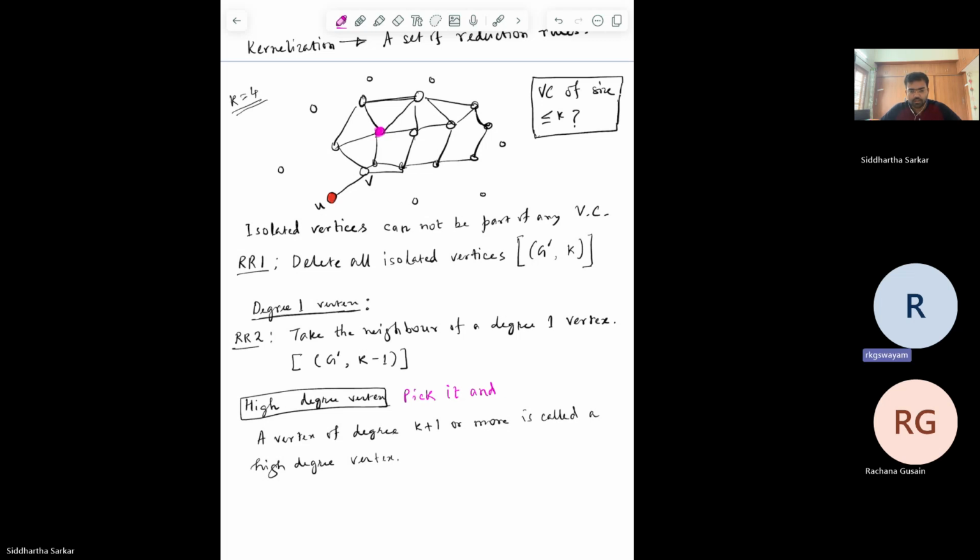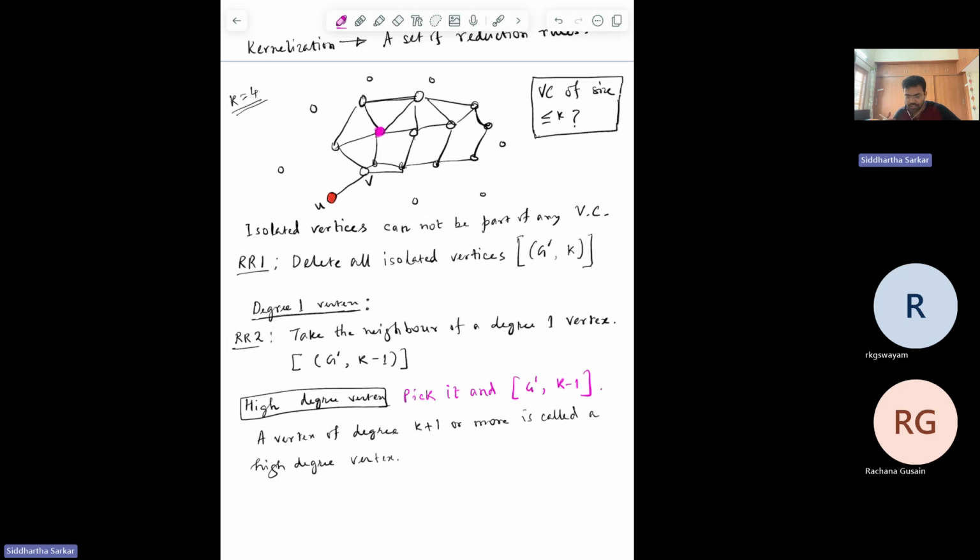If you started with a budget of k and you have picked a vertex, you have to reduce the budget by 1, so we are left with k minus 1. So is there anything else we can think of?